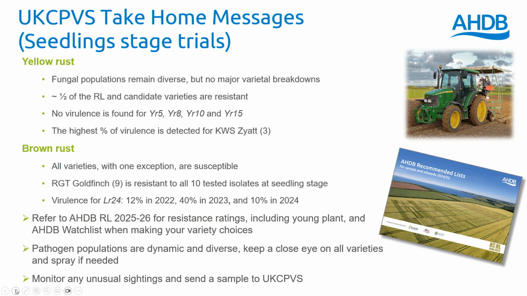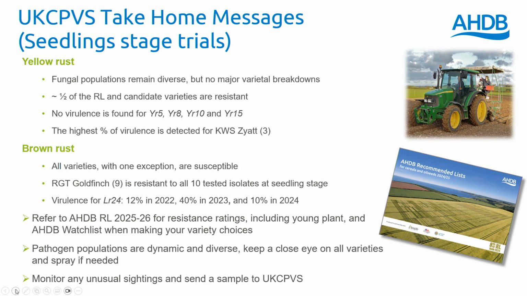What we found is that the fungal population still remains very diverse. They're not clonal, they're still very diverse. But we haven't seen any major varietal breakdowns. And about half of the recommended list and candidate varieties are resistant to all the isolates that we test, and we test 25. So I think this is good news.